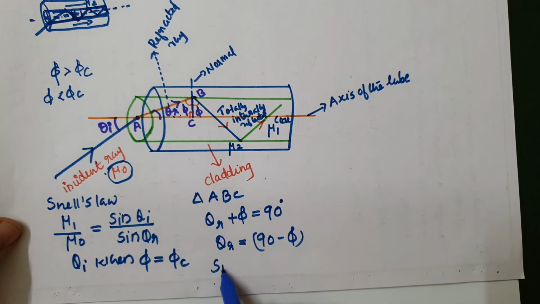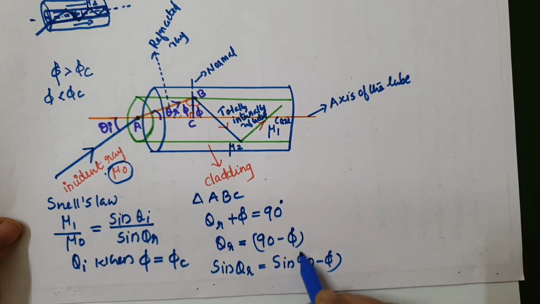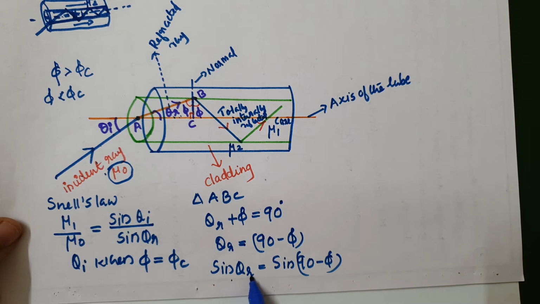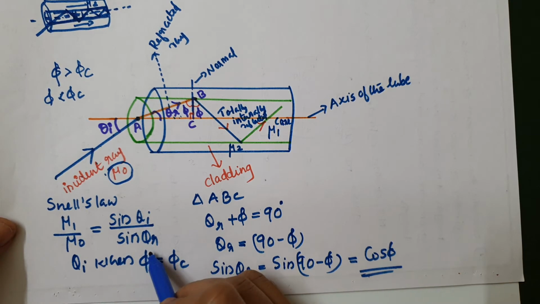Or sine of theta r is equal to sine of 90 minus phi. Then sine of 90 minus phi will be cos phi. So we can substitute the value of sine theta r here as cos phi.